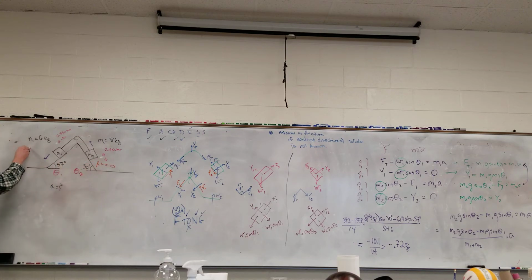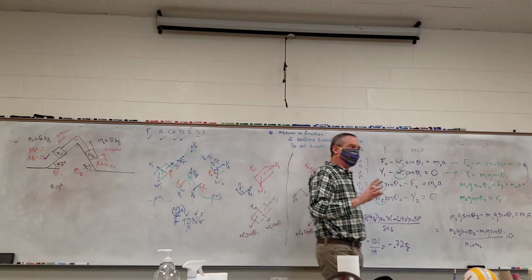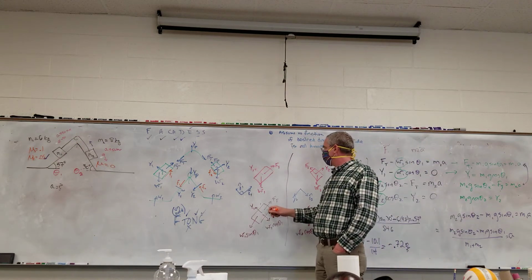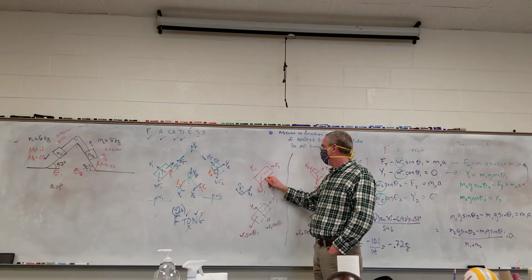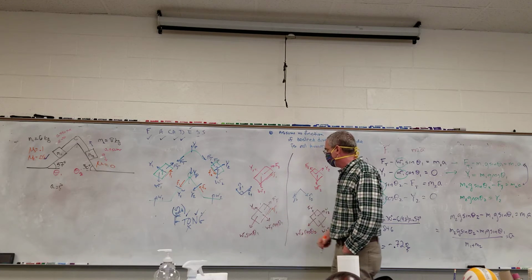Over here, let's say mu sub s is 0.1, mu sub k is 0.05. So F2 we don't have to worry about because I made it frictionless. So we do have F1 going this way.